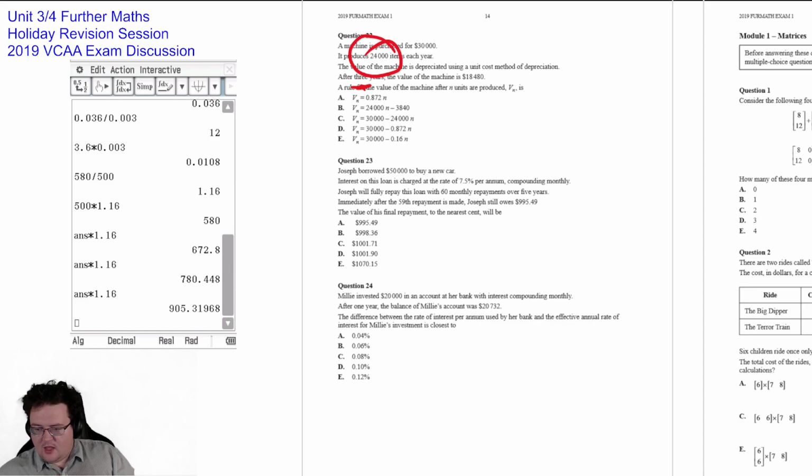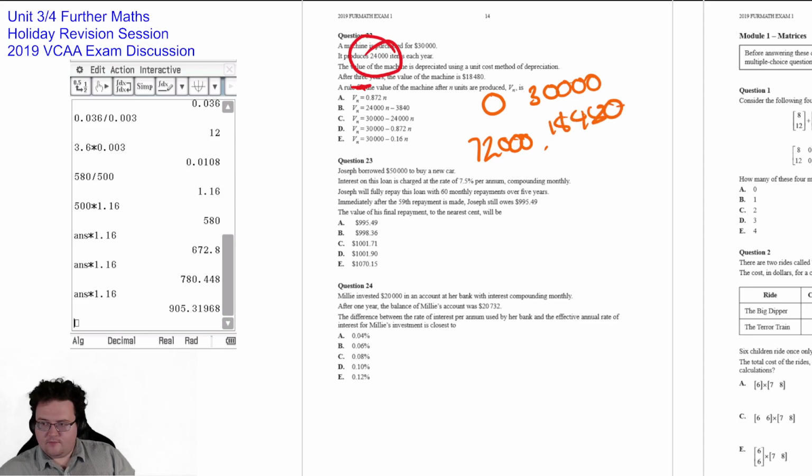So if I've made no units, it's 30,000. But after I made 72,000 units, it is 18,480. We can take that onto our CAS.